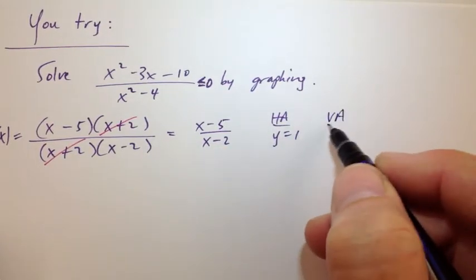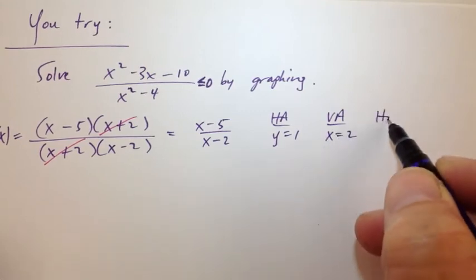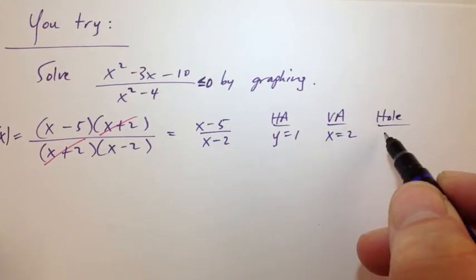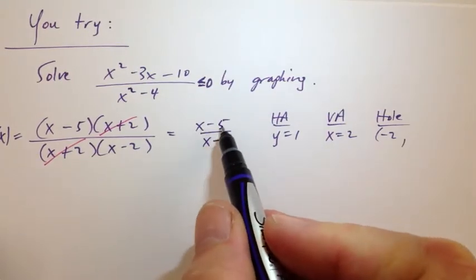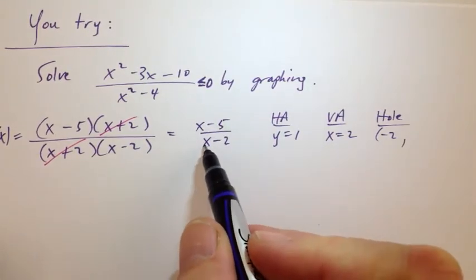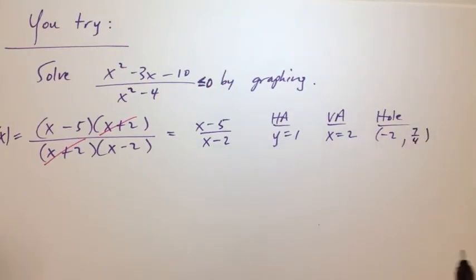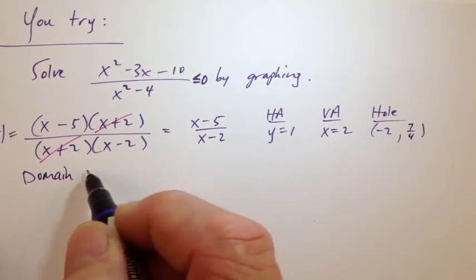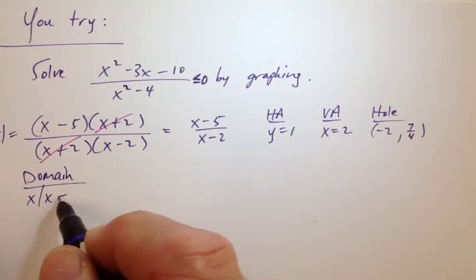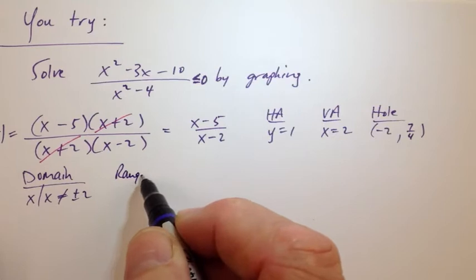We have a vertical asymptote of x equals 2. We have a hole in the graph when x equals negative 2, and y equals negative 2 minus 5, which is negative 7, over negative 2 minus 2, which is negative 4, so we have 7 over 4. There's a hole in the graph there. Good reminder of how to find the hole. The domain is all real numbers except for 2 and negative 2, x such that x cannot equal plus or minus 2. The range we can get later.